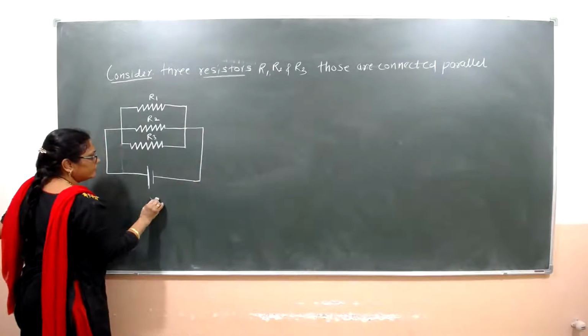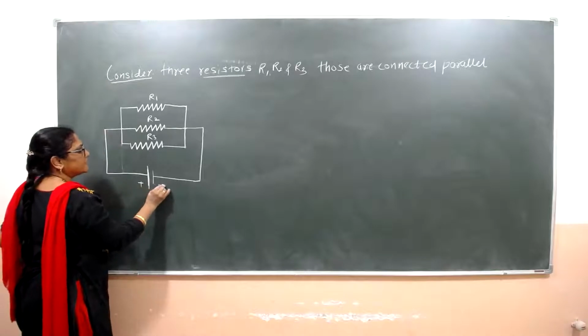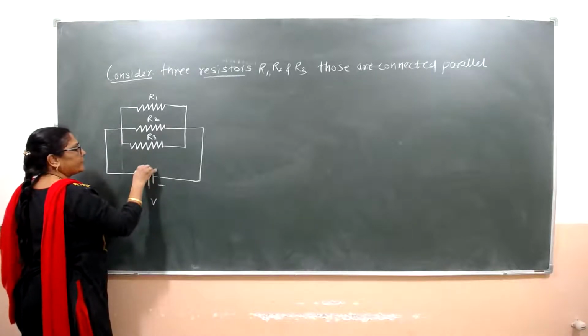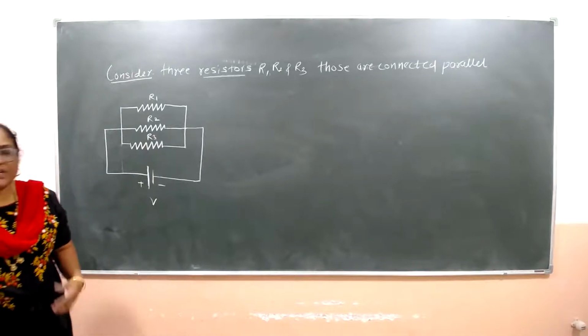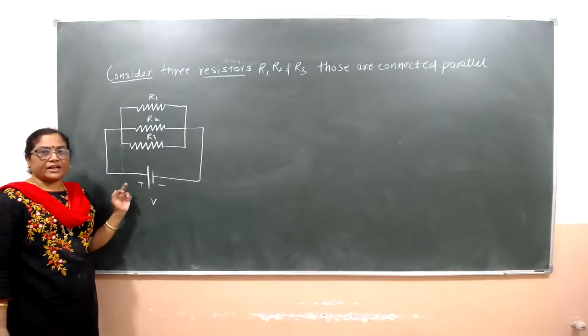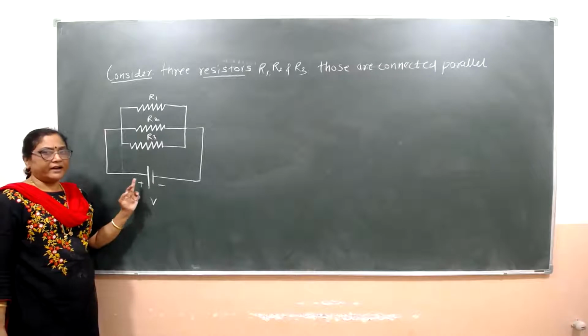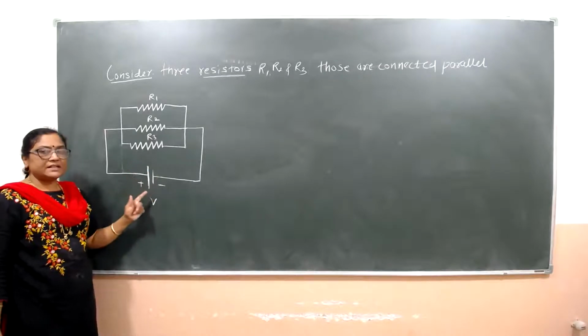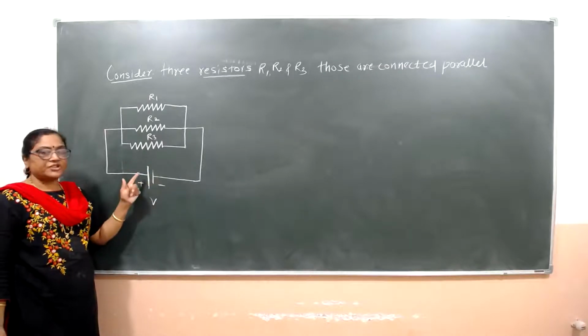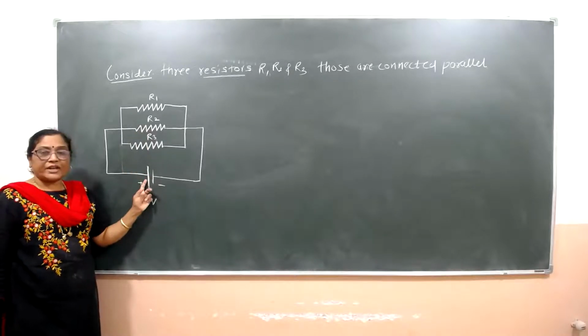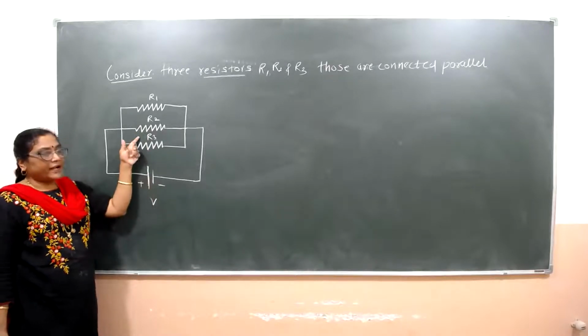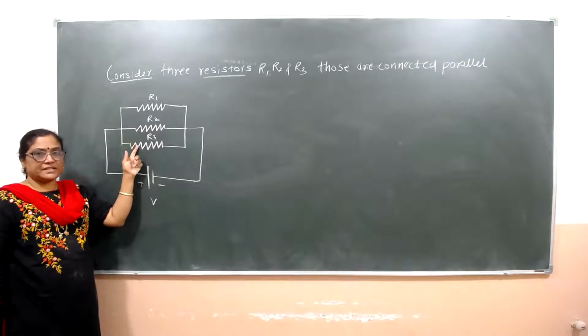This is positive, this is negative. According to Ohm's law we require three values: V, I and R. V is externally given across the three resistors, which means the potential difference applied to each resistor is the same.